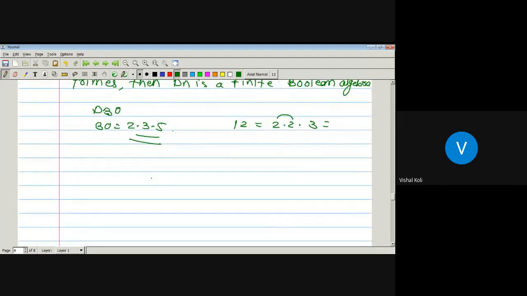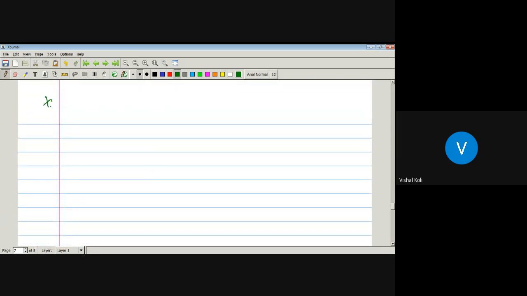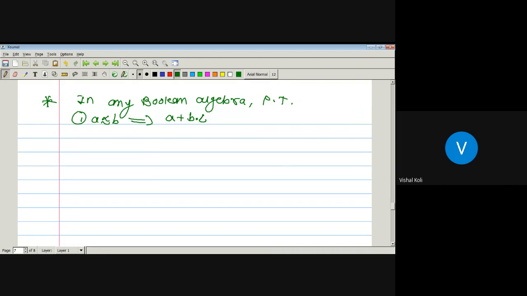Now there is one example. In any Boolean algebra, prove that if A precedes B, then A join B meet C is B meet A join C, that is (A + B)·C = B·(A + C). Here we just replace the symbols: join as plus and meet as dot.